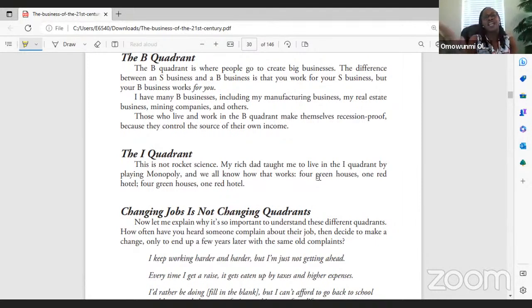forgivable loan from the SBA for business owners, where if your business has been in existence for a certain number of years, you can have access to this loan. And if you use the loan for what it was stipulated to be used for, at the end of the year, you apply for it to be forgiven. We applied for the loan, we got the loan, we used it for what it was stipulated for, we applied for it to be forgiven, and it was forgiven, right?